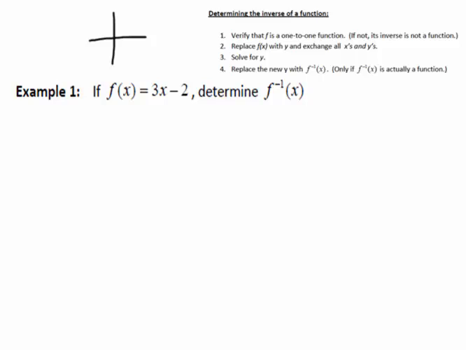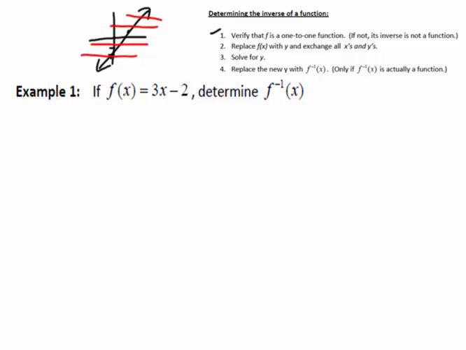It is a linear function with y-intercept at -2, has a slope of 3, and we get a graph that looks like that. Once we get the graph, we can also then do our horizontal line test. And yes, indeed, a linear function is one-to-one, which means our inverse is also a function. We'll keep that in mind as we get to the end, but there's the first thing, verify that it's one-to-one.